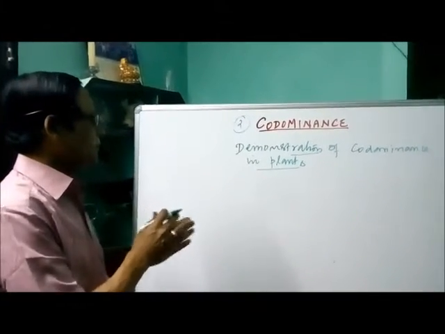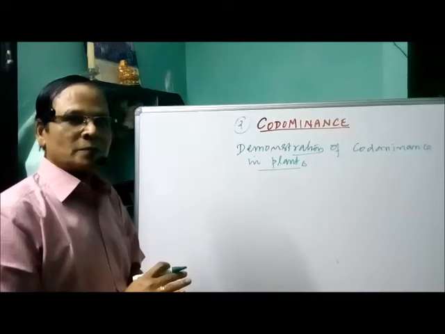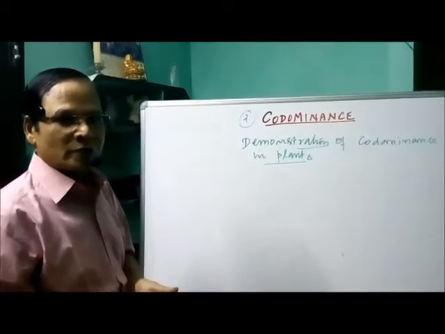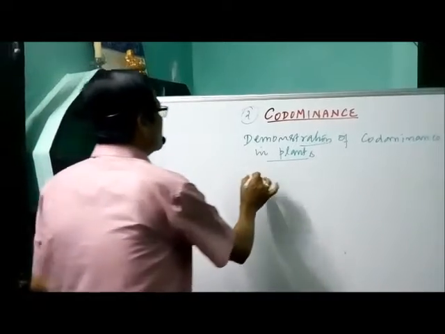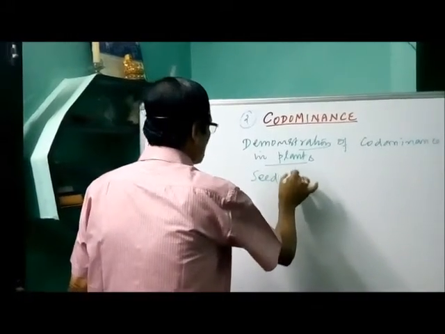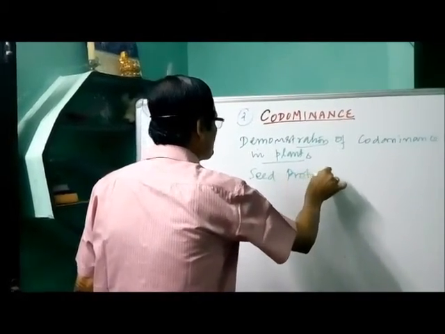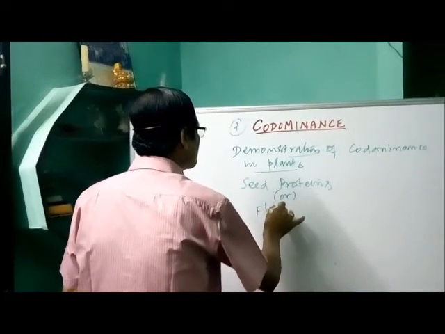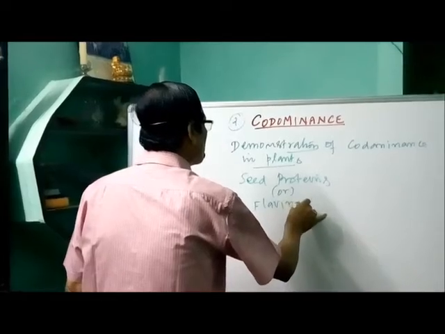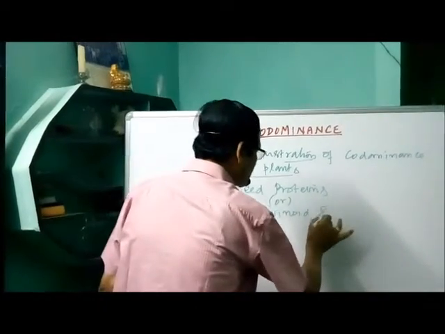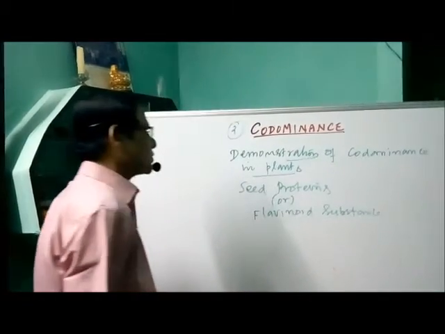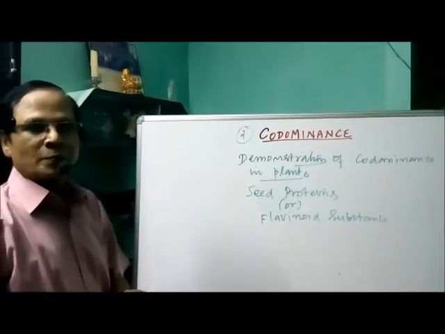One can study codominance in plants by analyzing the seed proteins or flavonoid substances. Through this one can demonstrate codominance in plants.